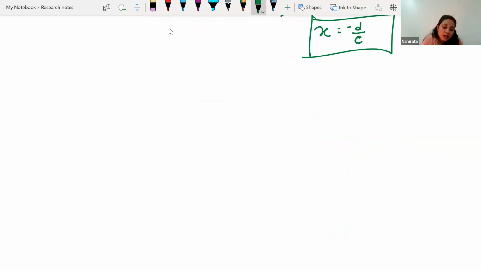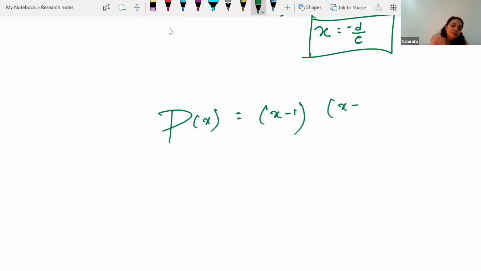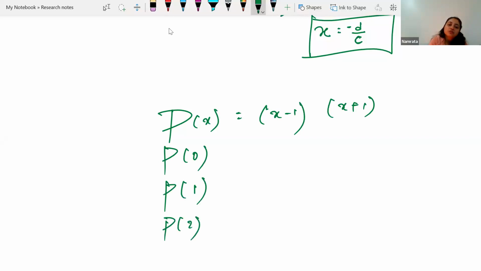Okay. Now another concept over here is, suppose we have a polynomial p(x) = (x - 1)(x + 1), and we have to find p(0), p(1), and p(2). So if we have to find p(0), then in the place of x we will substitute 0 in the original polynomial.